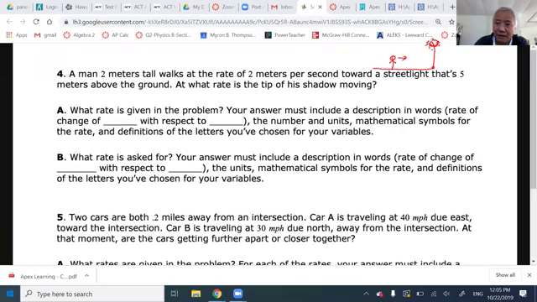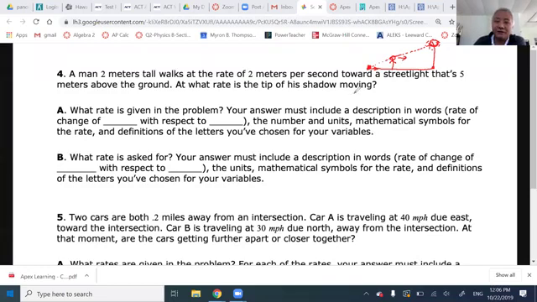Of course, because of the light here, there will be a shadow on the ground. This is where the tip of the shadow of the person from the light is. Now, the question asks how fast the tip of the shadow is moving in this direction. What's the speed of that?